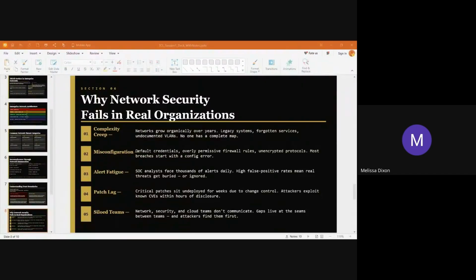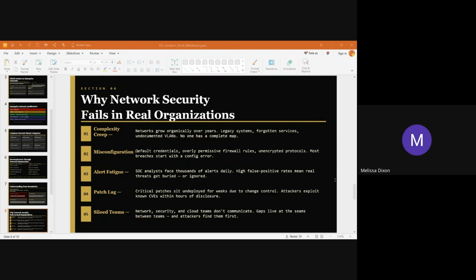Default admin/admin credentials on a new device, a firewall rule added in 2015 for a project that ended is still open. Stuff like that, right? S3 bucket set to public. These are not exotic vulnerabilities.